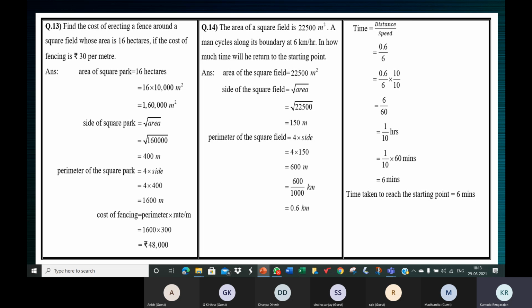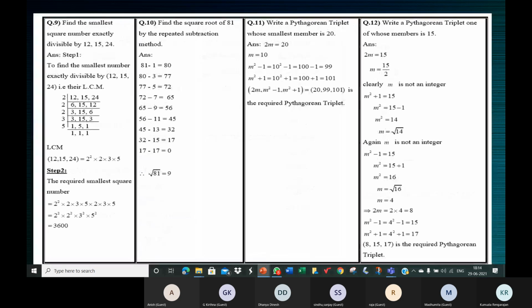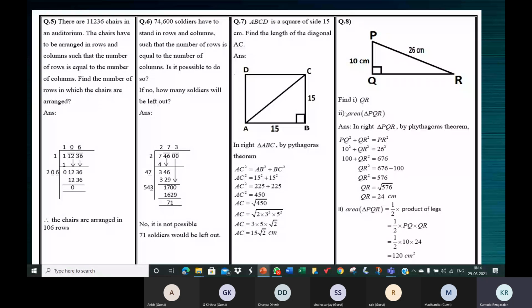If you go 1 round along the boundary of the square field, that is the perimeter. You start from some point, you complete 1 round, that means you come back to the starting point. You walk along the boundary. So this is your square field.